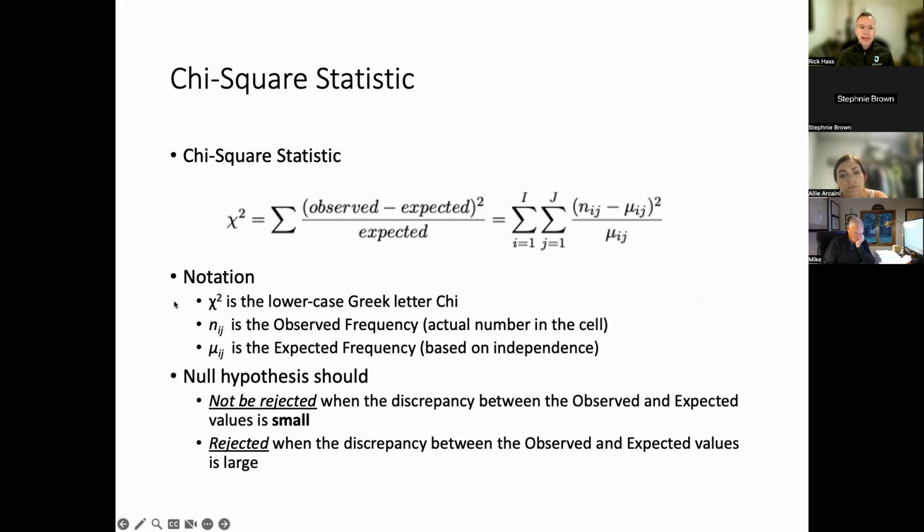So the magnitude of the number, which is a sum of those individual discrepancies, is related to rejecting the null hypothesis. The null hypothesis should not be rejected when these discrepancies are small. When these discrepancies are large, we reject the null hypothesis.